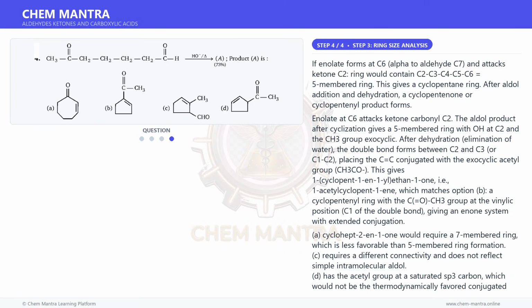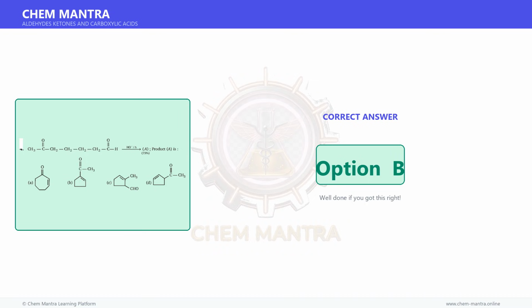The 5-exo-trig cyclization, or equivalently the formation of the 5-membered ring with conjugated enone, at 73% yield is consistent with intramolecular aldol condensation giving the conjugated cyclopentenyl ketone, option B. Therefore, the correct answer is B. Therefore, the correct answer is option B.